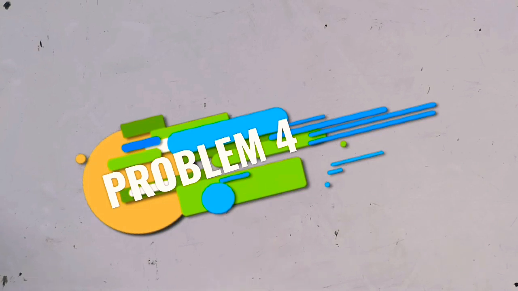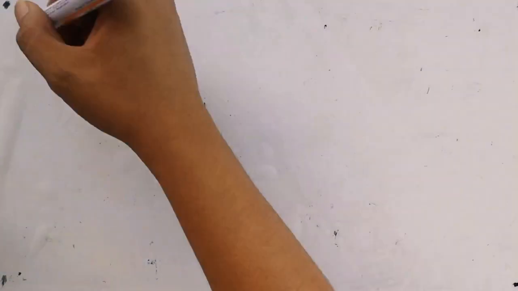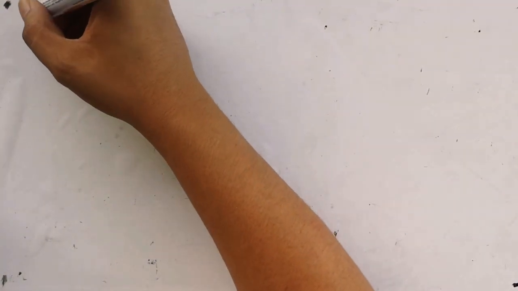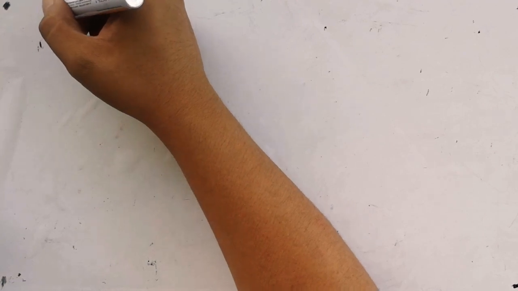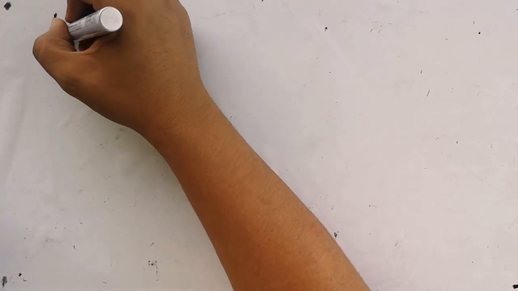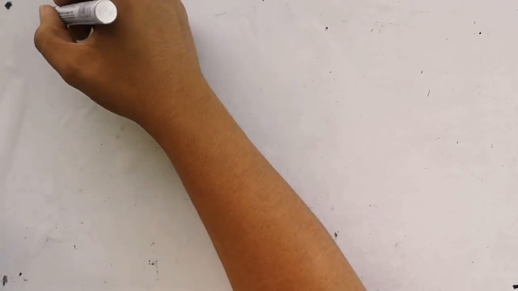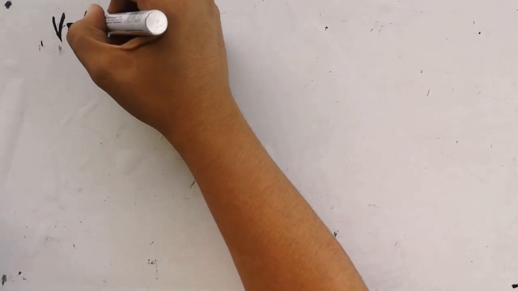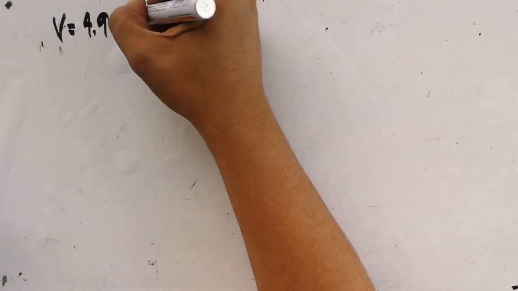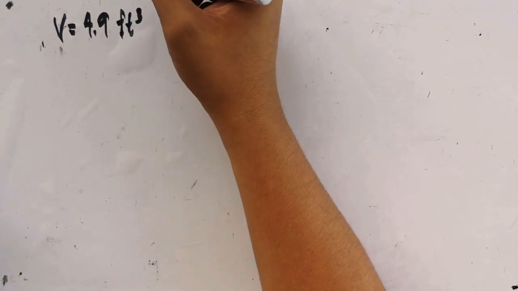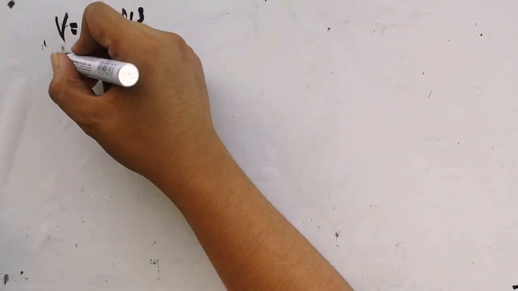Okay. So, problem number 4. So, we have 4.9 cubic feet of water. So, that's the volume. Volume is 4.9 cubic feet of water compressed to 5,000 PSIG.